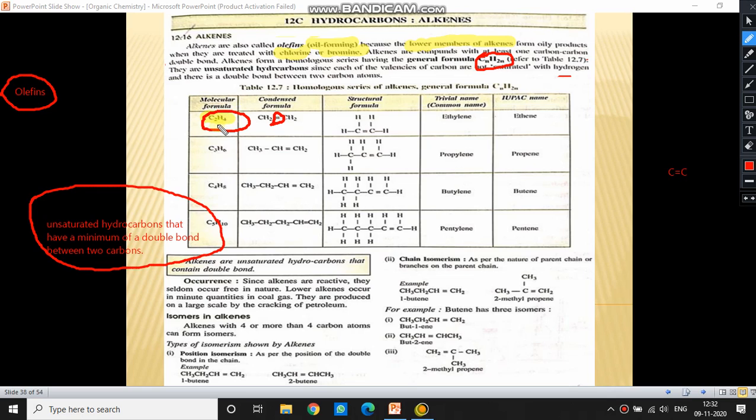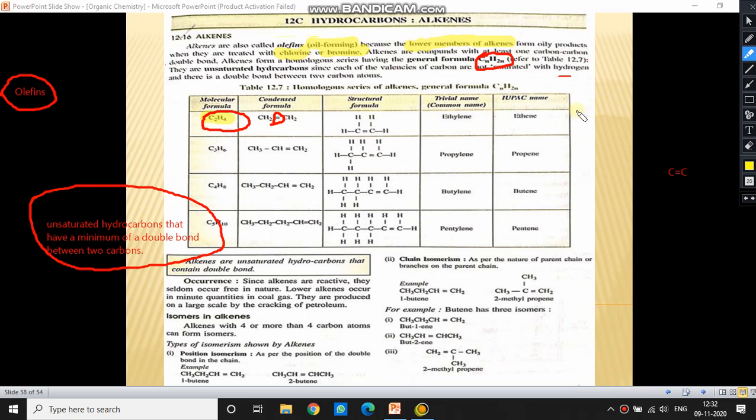Molecular formula does not show you the bond, and condensed formula shows you a double bond, and you show the hydrogens attached to each carbon separately. For example, this carbon has two hydrogens attached, so it is shown separately. Similarly, this carbon has two hydrogens attached. In structural formula, you show all the bonds, an elaborate structure.